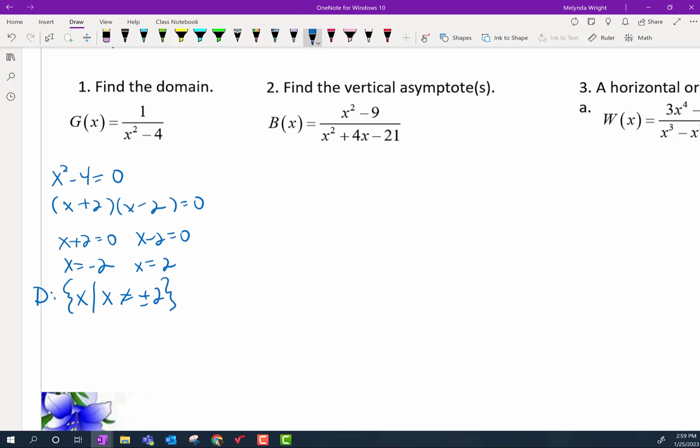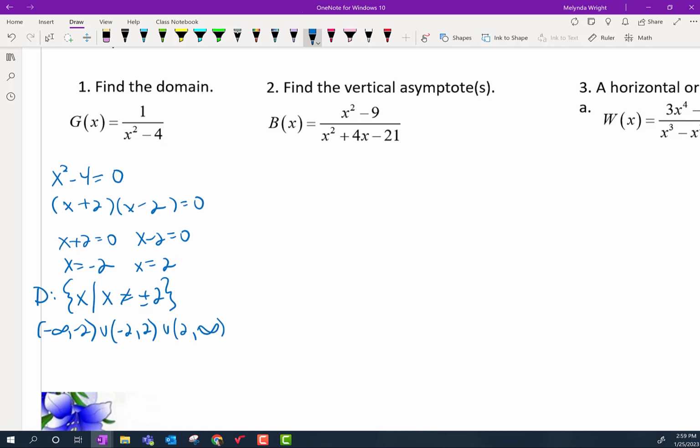But I think your textbook really likes interval notation, so let's write it that way also. In interval notation, we would go negative infinity to negative 2, then negative 2 to 2, then 2 to infinity.